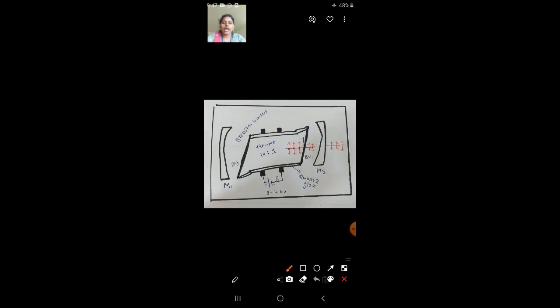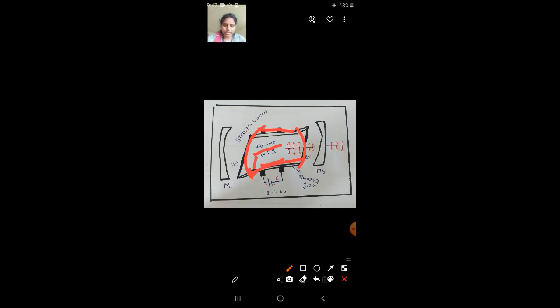So we have to construct one active medium. This active medium has helium and neon gases in a 10:1 ratio. Here 10:1 ratio does not mean helium atoms are 10 and neon atoms are 1. That is a wrong statement.